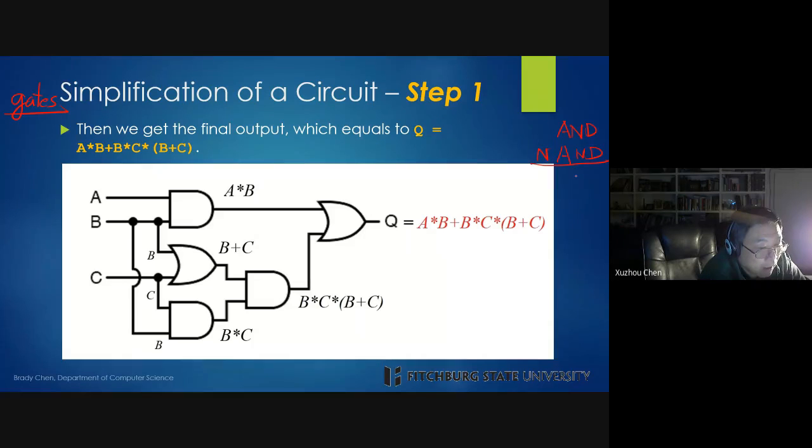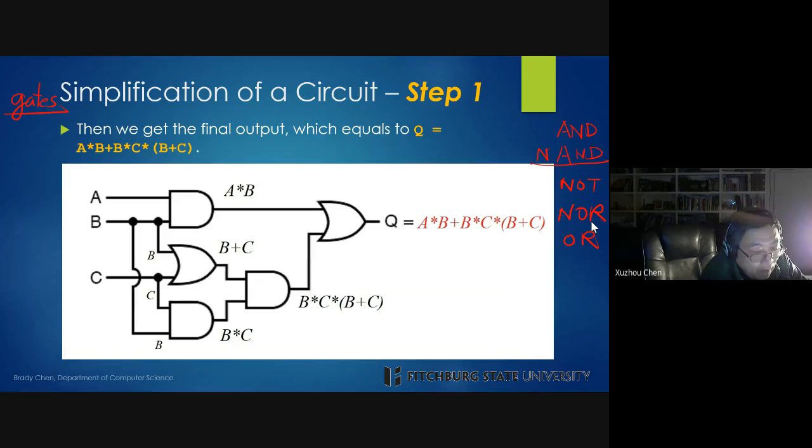The NOT gate, you can use just one switch to build a NOT gate, and then you can build a NOR gate, OR gate. What else?